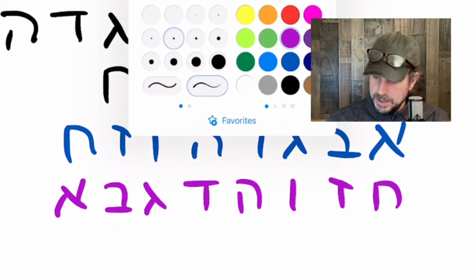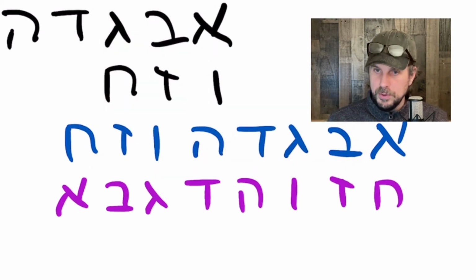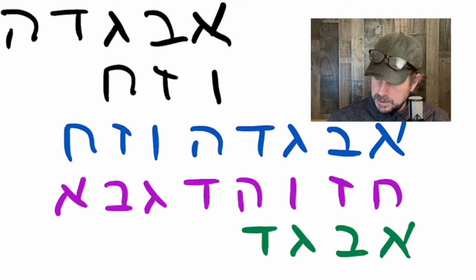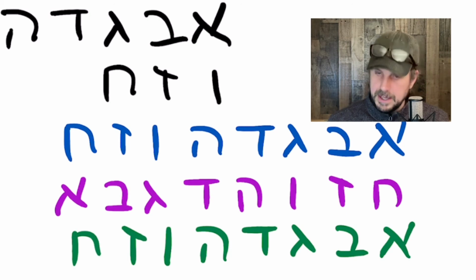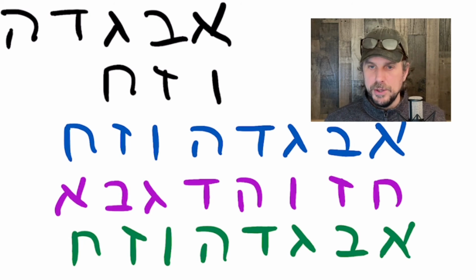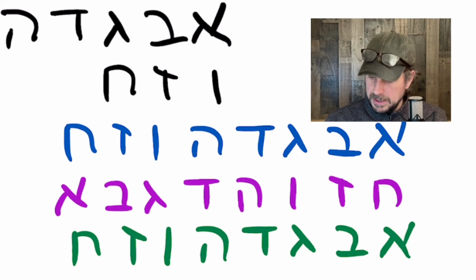So the question then is, how are you doing with your letter recognition? Aleph, Bet, Gimel, Dalet, Hey, Vav, Zayin, Chet. So you want to write these over and over again and know them really well. And soon enough, we'll get into vocabulary that will really help seal these in your mind.